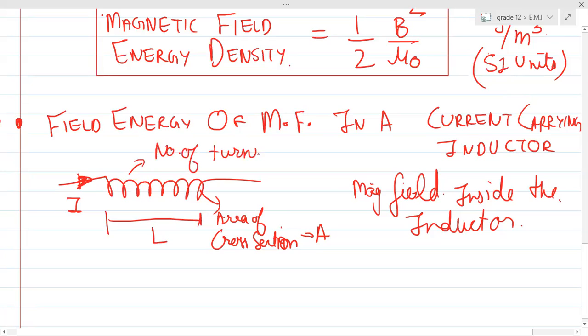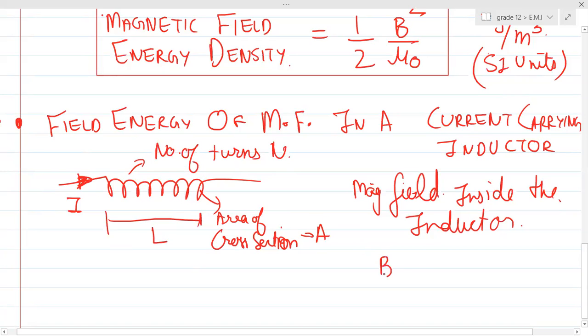So guys, how will you write the statement of this derivation? Let us consider a current carrying solenoid with number of turns n, length L, area of cross section A, carrying a current I. Yes or no?